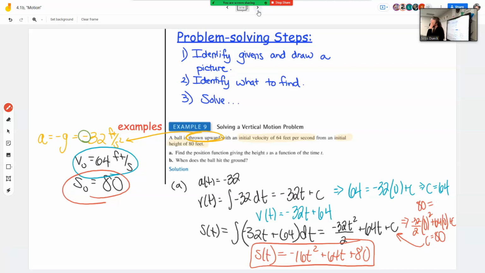Once I show you the math once, you can plug and chug. Guess what? Part A. I boxed it. Why? Because I got to my position. Cool?